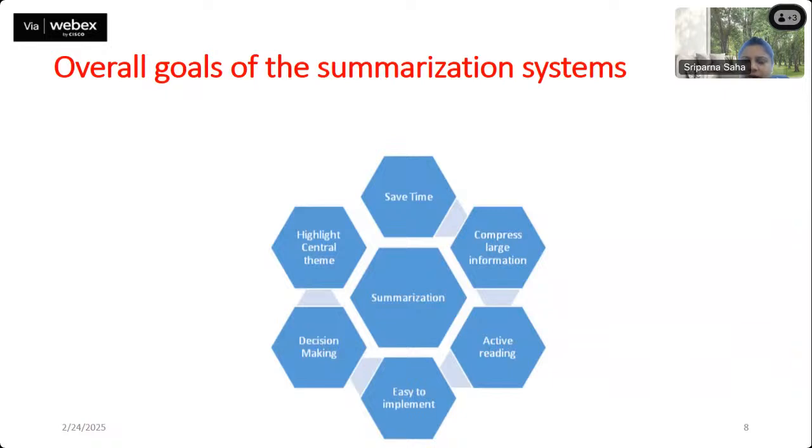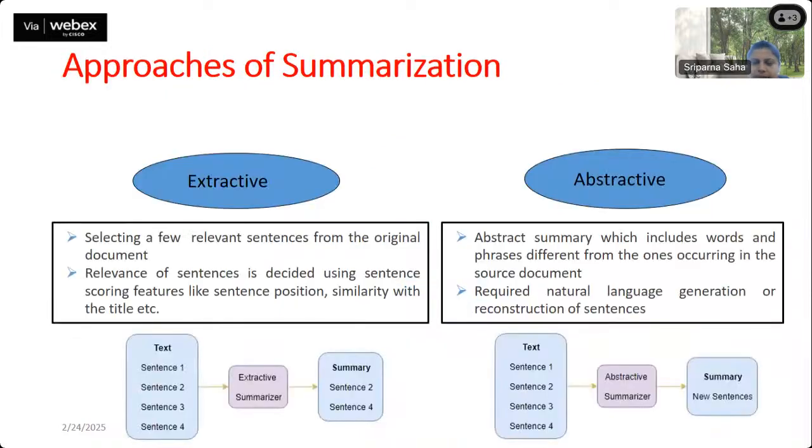Now this summary can be given to the rescue team, and the rescue team can plan the rescue operation. So for decision making, summarization is very useful. It also highlights the central theme. What is the central theme of a particular document? That is also important, and that can be easily identified by summarization tools.